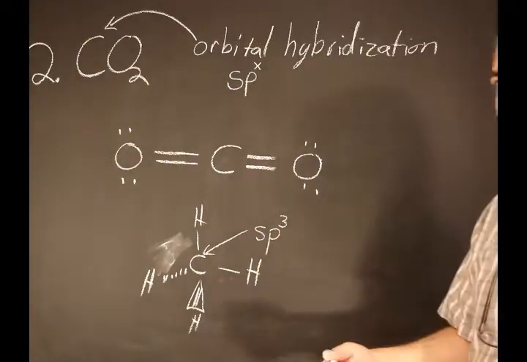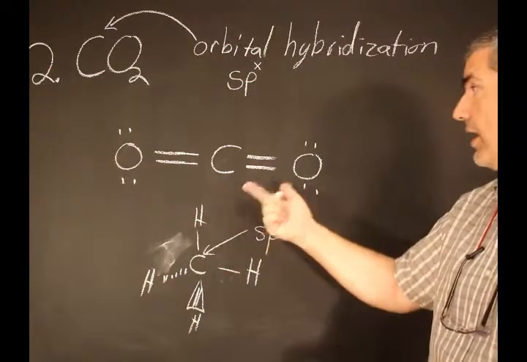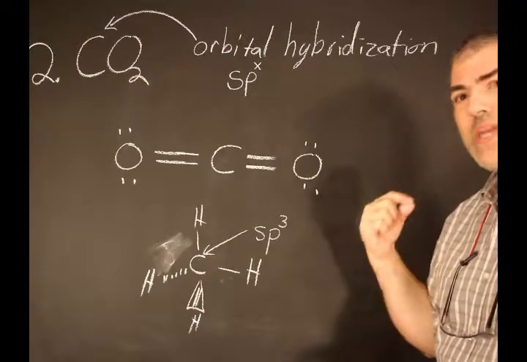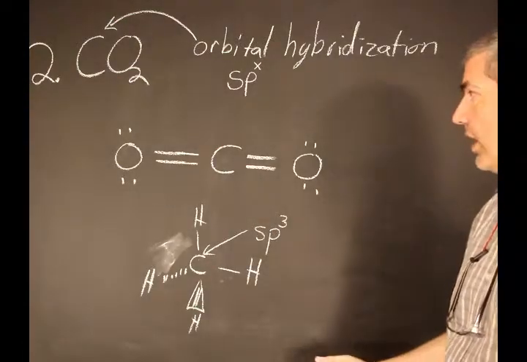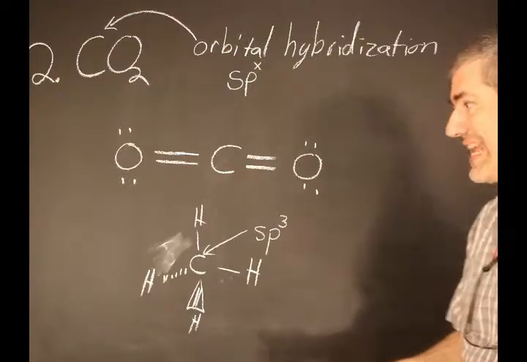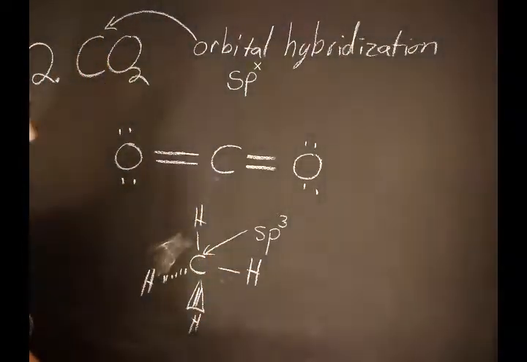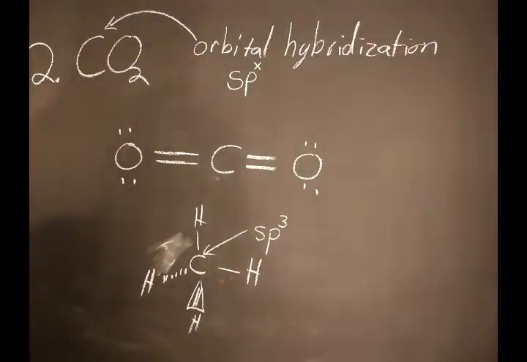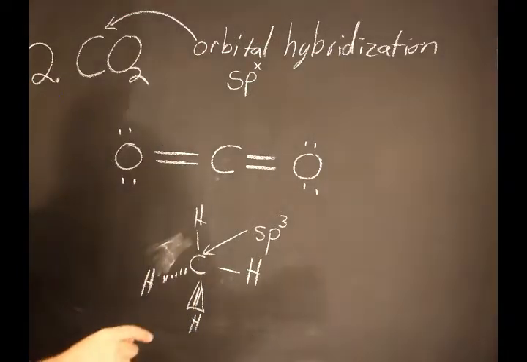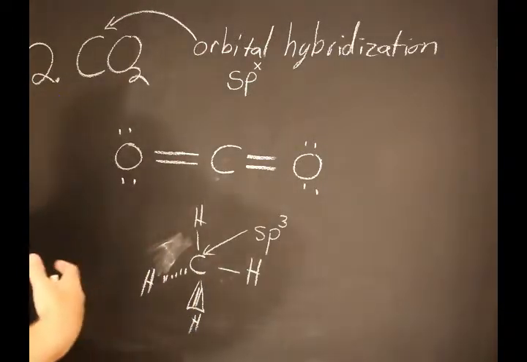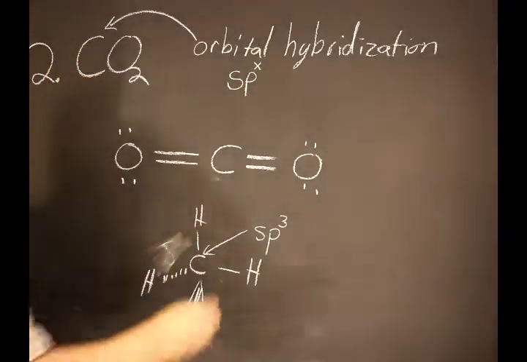However, when we start putting double bonds into our system, we do not hybridize for chemical bonds that are called pi bonds, indirect bonding. So, for carbon in carbon dioxide, it has 2 chemical bonds that we would call sigma, which are direct, and 2 chemical bonds which are pi, the double bond.